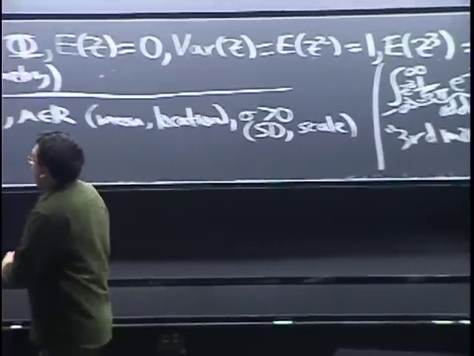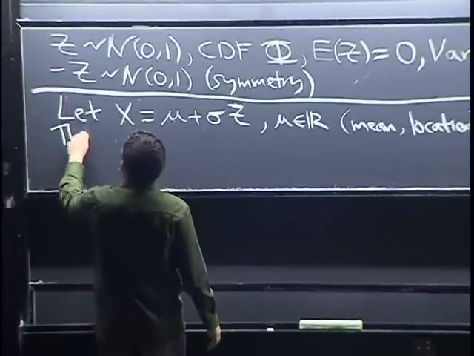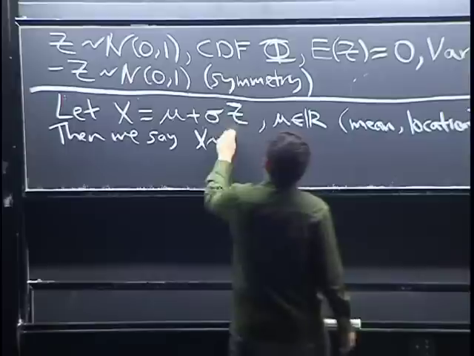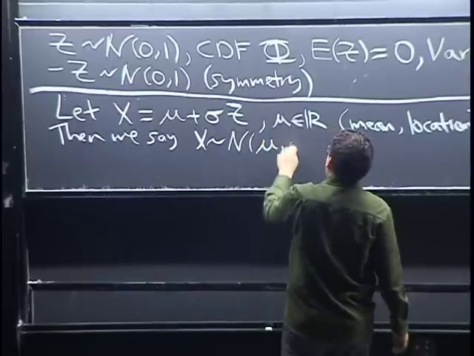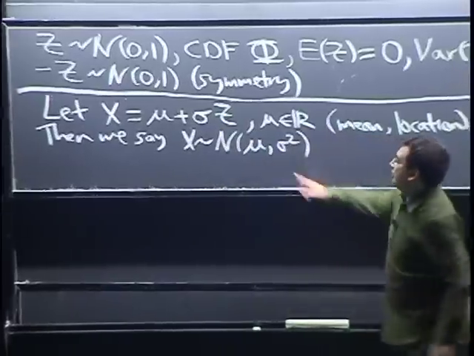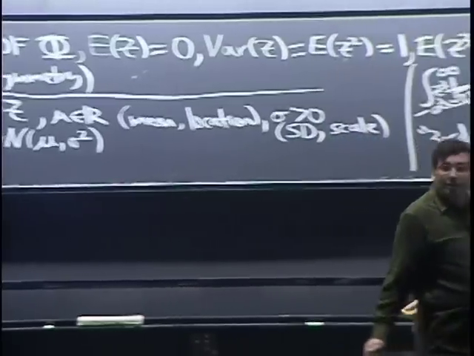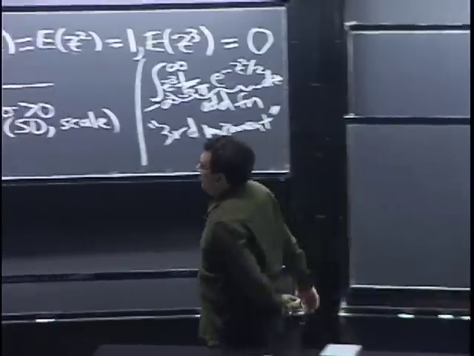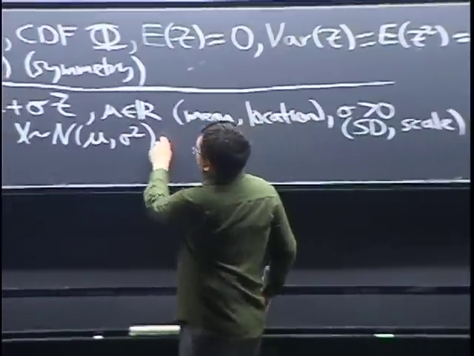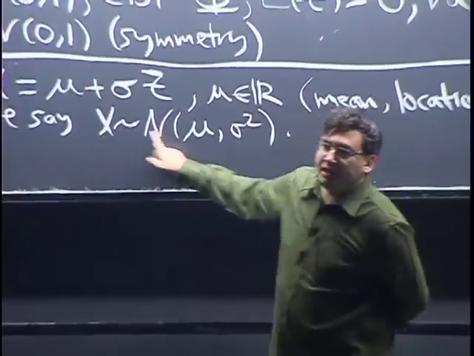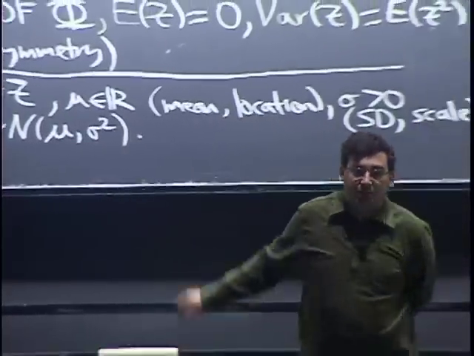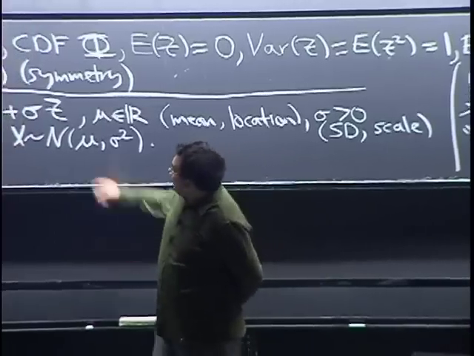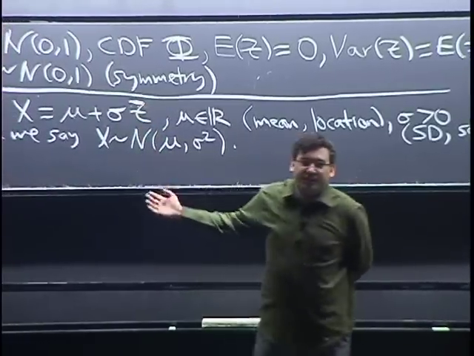Okay, then we say X is normal with mean mu and variance sigma squared. Those are the two parameters. Most books would do this a little bit differently and start by writing down the PDF, but this is a more useful and more insightful way to think about it, where we're saying there's just one fundamental basic normal distribution.